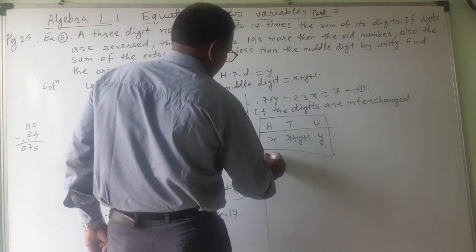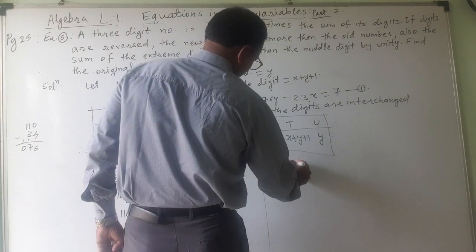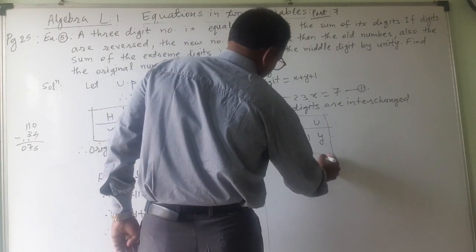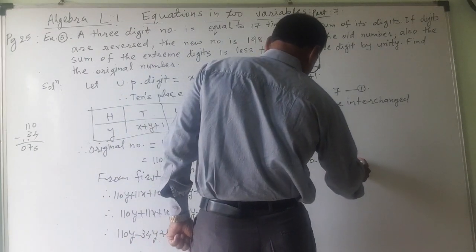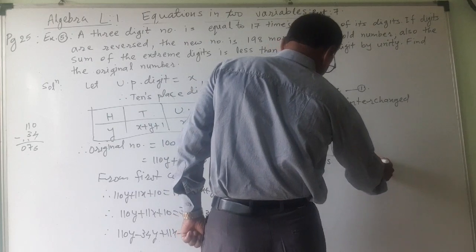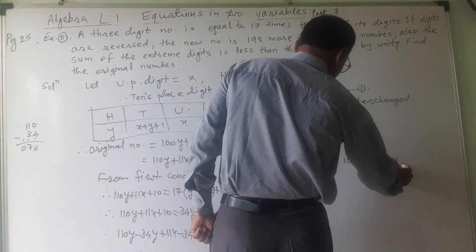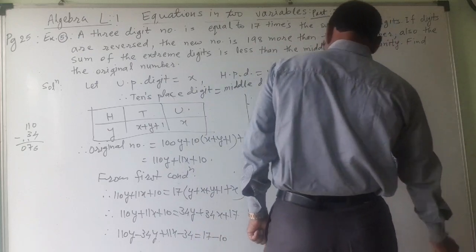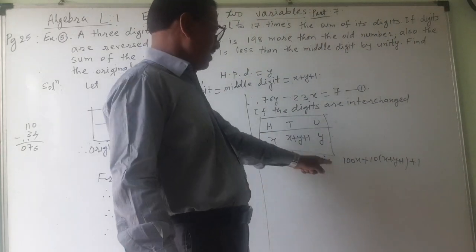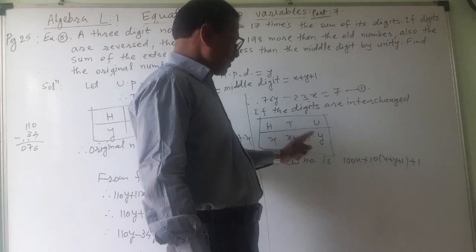The new number is 100x plus 10 into (x plus y plus 1) plus y. This is the hundreds place digit multiplied by 100. This is the tens place digit multiplied by 10.